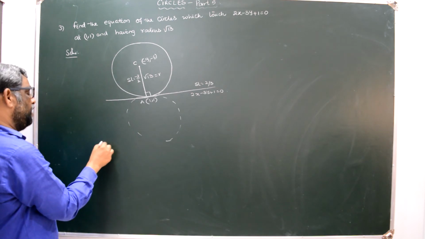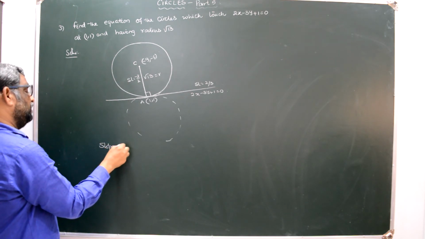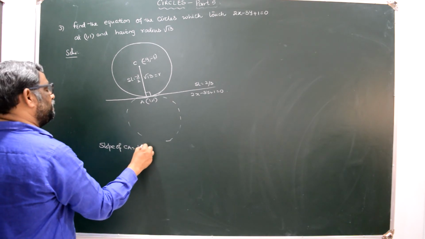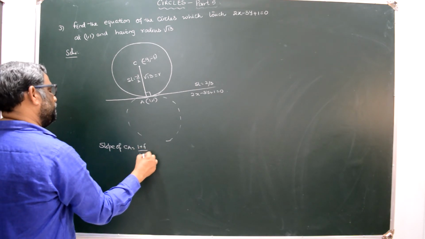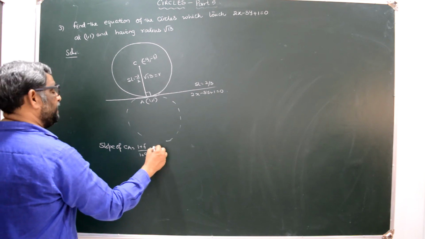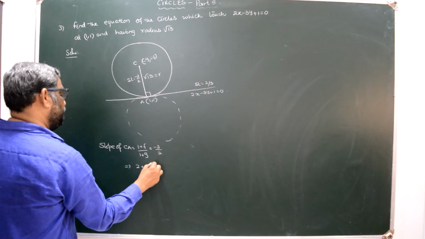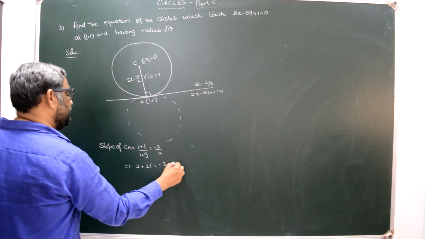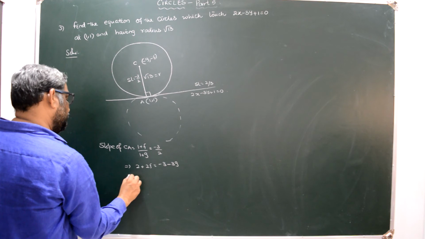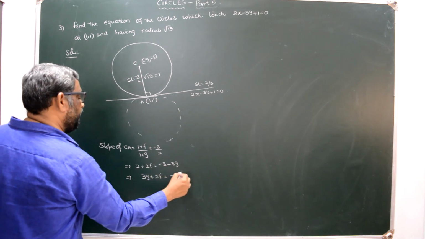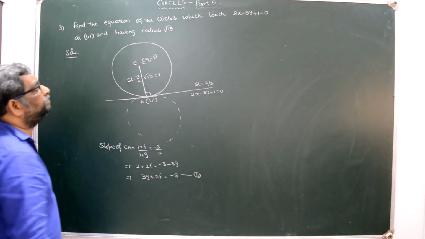So slope of CA is equal to (1 plus f) by (1 plus g) is equal to minus 3 by 2. 2 plus 2f equals minus 3 minus 3g, so 3g plus 2f is equal to minus 5. You can call this equation number 1.